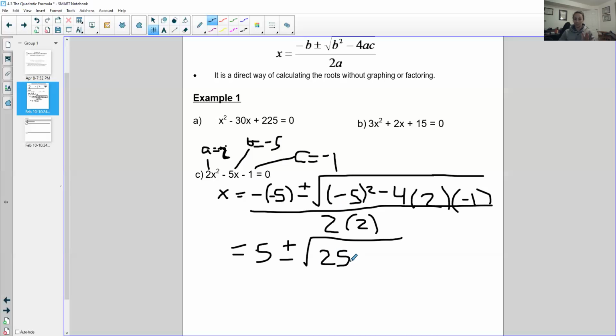Negative times a negative is a positive. -5 times -5 is +25. So make sure you're plugging that in on your calculators properly. And then 4 times 2 times -1 is -8. So I need to subtract -8, and you know that when you subtract -8, that will become a positive in our next line. And all of this has to be over 2a, which is 2 times 2, which is 4.